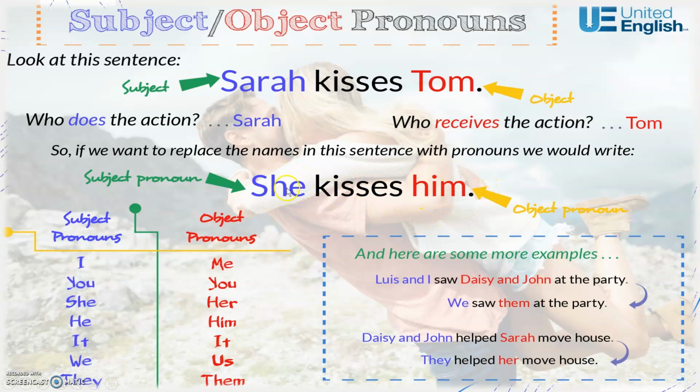She is the one that does the action of kissing, and him is the one that receives the action. Tom is receiving the action of Sarah. So Sarah is kissing Tom. As I said before, subject pronouns are the ones that do or make actions, and object pronouns are the ones that receive actions.